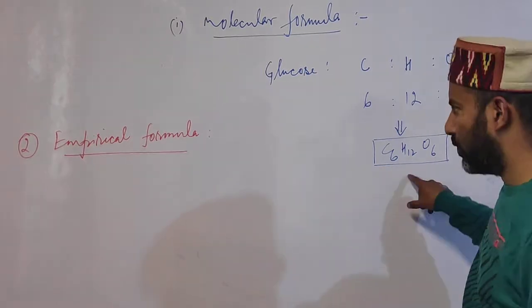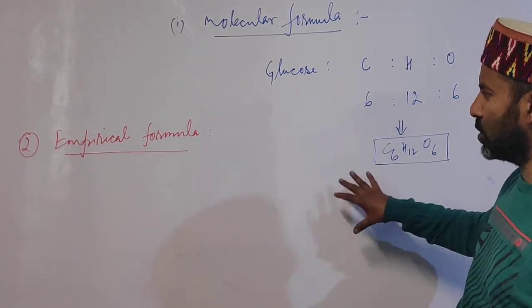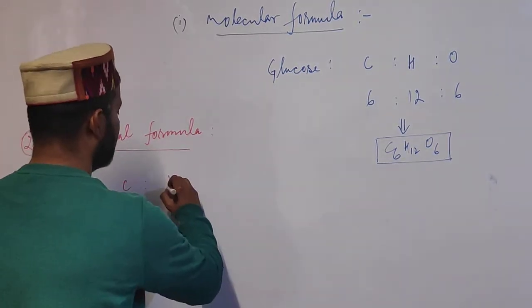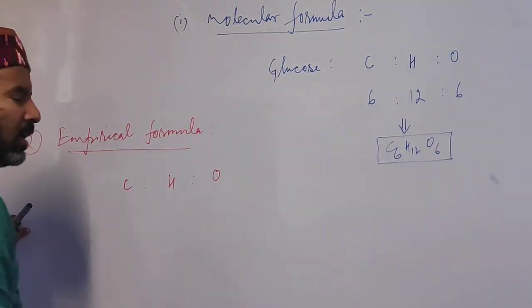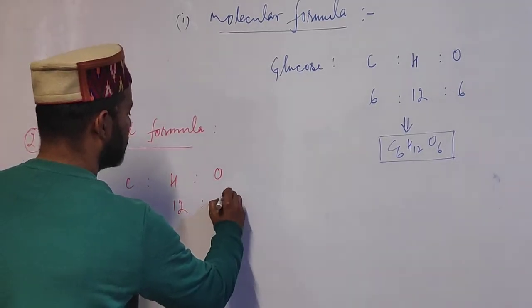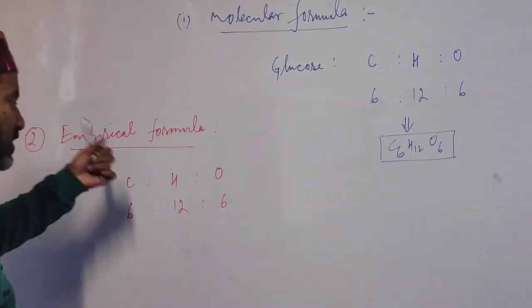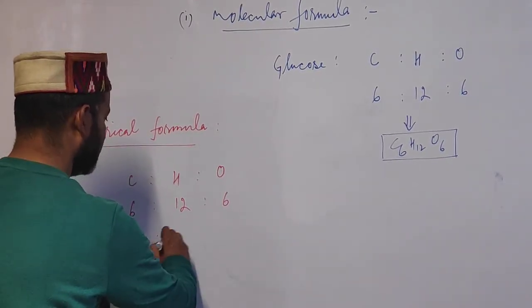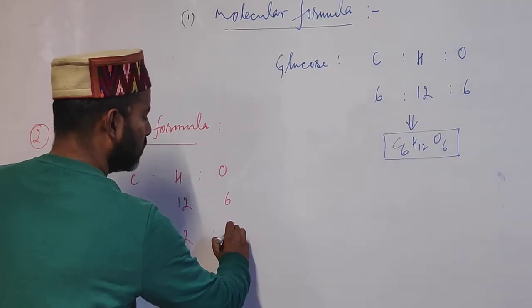Which means say I have glucose and we know that in glucose carbon, hydrogen and oxygen are present. The exact ratio is 6:12:6. But when we simplify this, students, upon simplification we get 1:2:1.